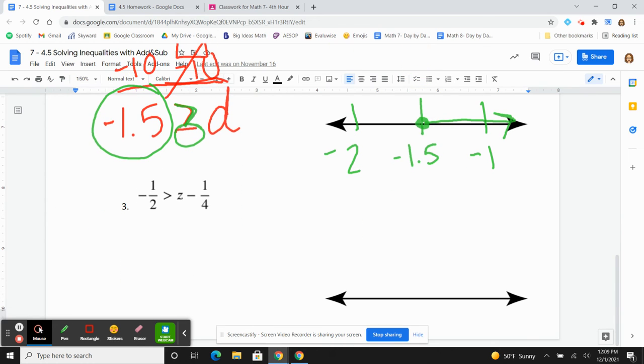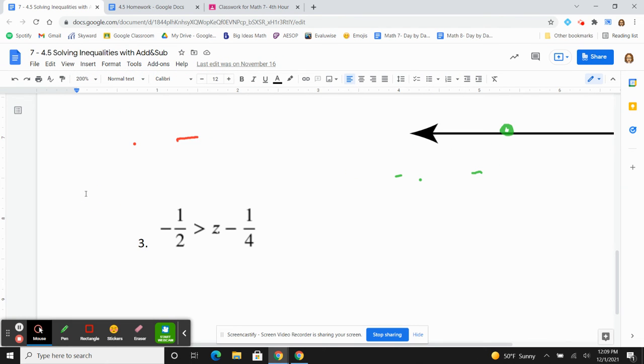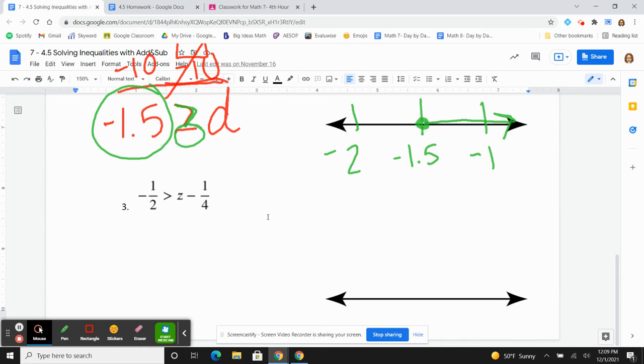How about number 3? I have negative 1/2 greater than z minus 1/4. How do I get z by itself, Tori? You add 1/4. Good.